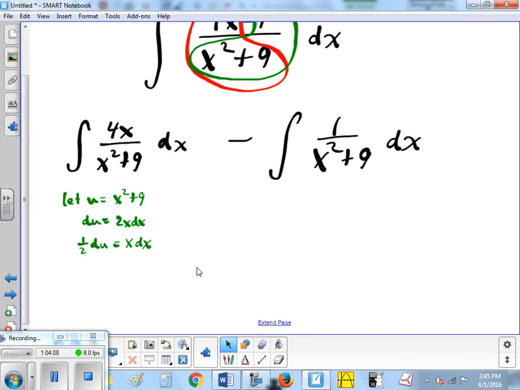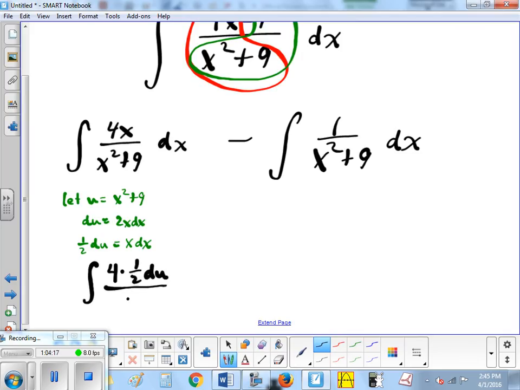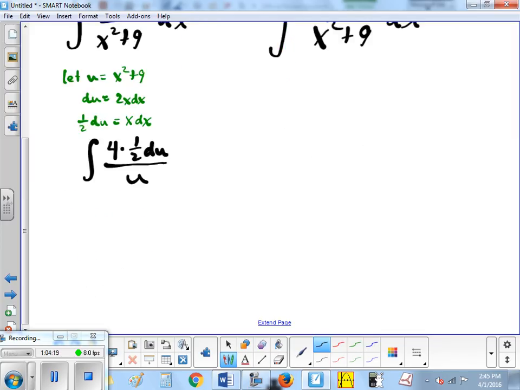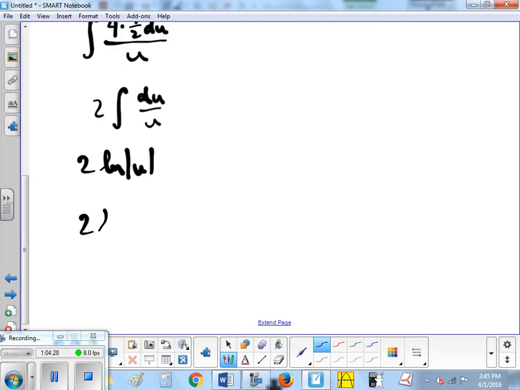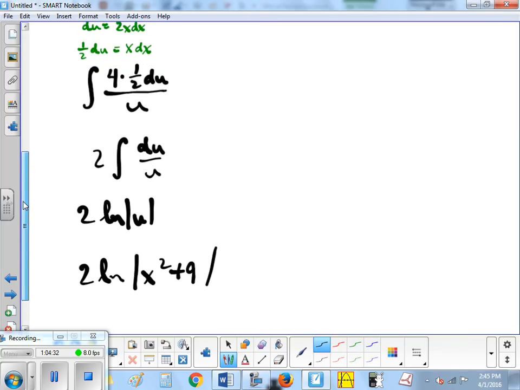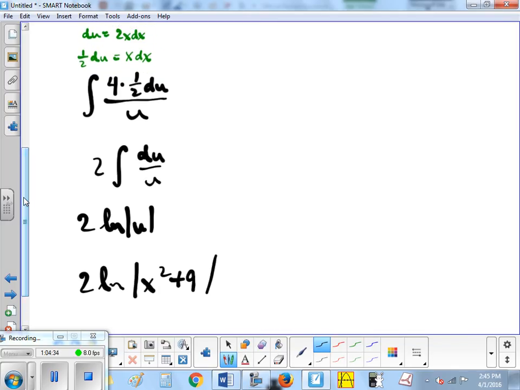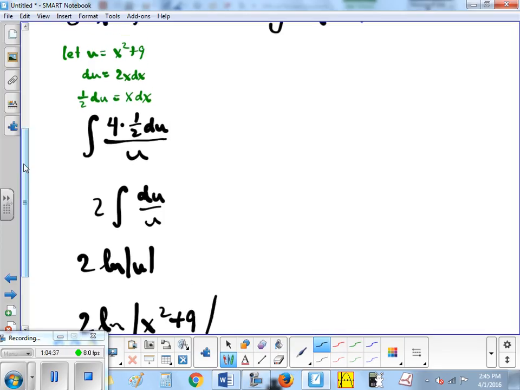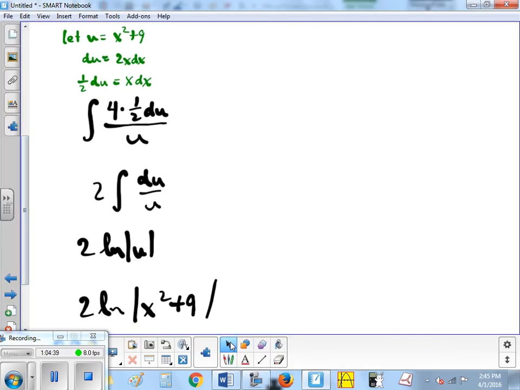So we have basically the integral of 4 times 1/2 du all over u. In other words, 2 integral du over u, or 2 ln absolute value u. So we got 2 ln absolute value of x squared plus 9. Okay, the first integral's done. Good riddance. Unfortunately, that was our easier of the two integrals.